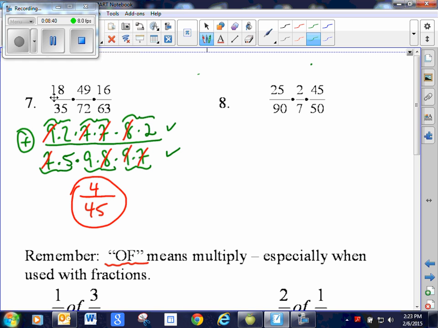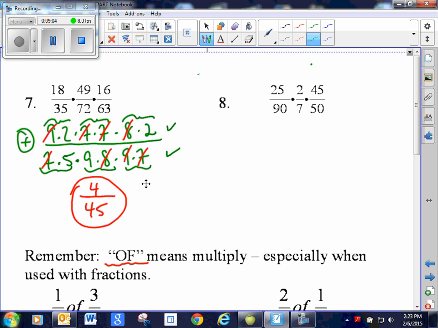So I'm going to go ahead and make the 18 9 times 2. 49, there's not much you can do with it except 7 times 7. And 16, I'm going to write as 8 times 2. And then I can break apart my denominator. Here's my 35, 7 times 5. Here's my 72, 9 times 8. Here's my 63, 9 times 7.